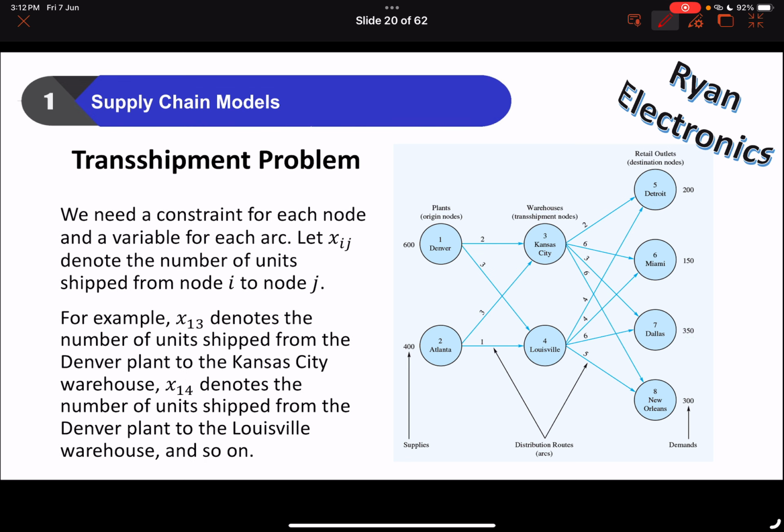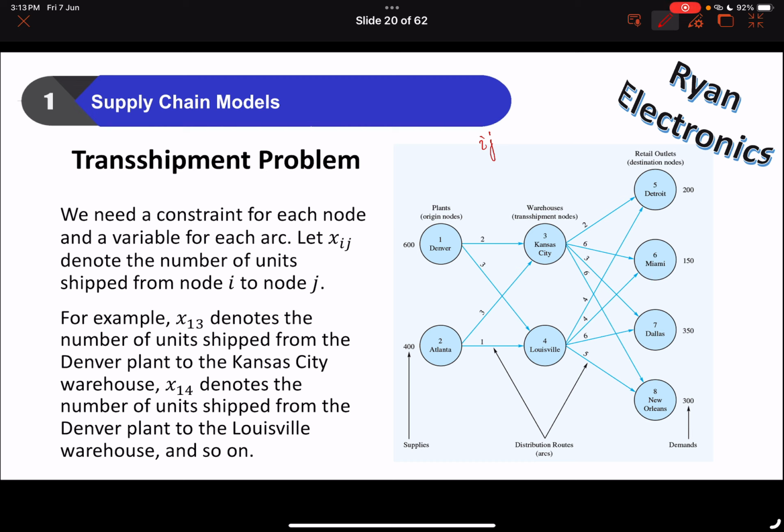So we need a constraint for each node and a variable for each arc. So let Xij denote the number of units shipped from node i to node j. In a transshipment problem, we can no longer denote i as origin and j as destination, because here we have transshipment nodes.